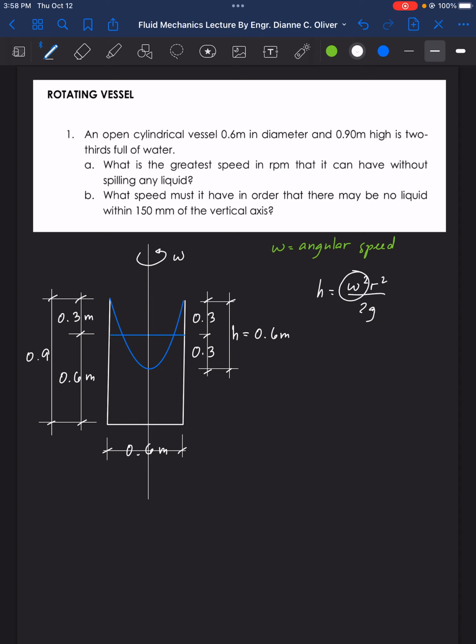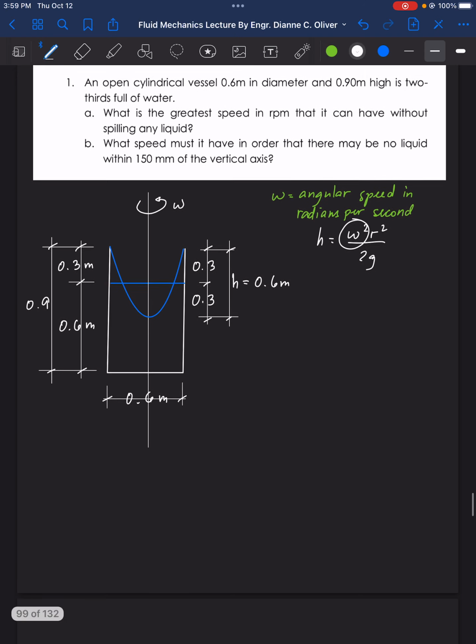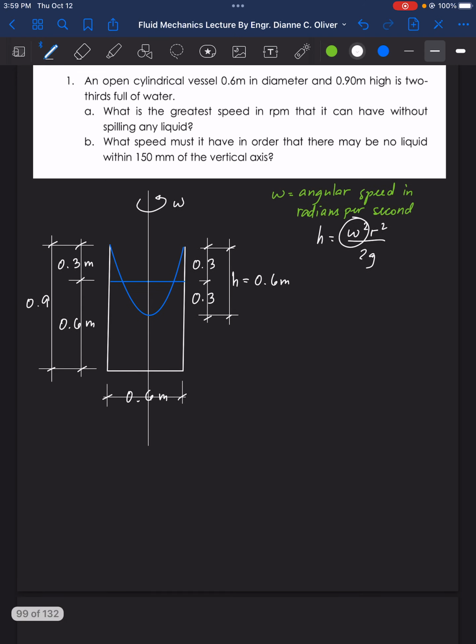Our omega here is actually angular speed in radians per second. So that is the angular speed there. So how do we convert rad per second into revolution per minute?